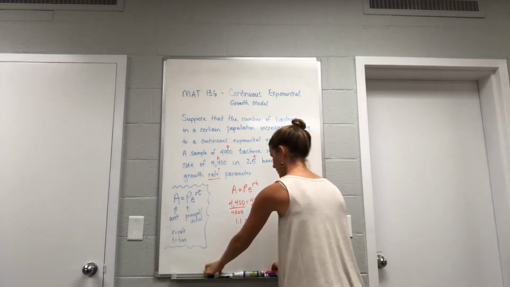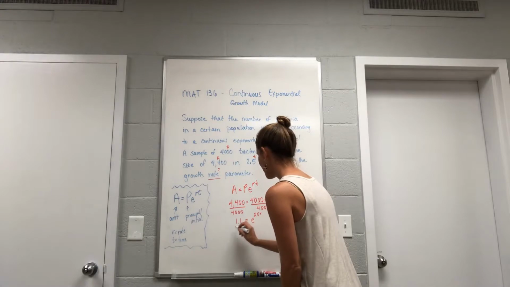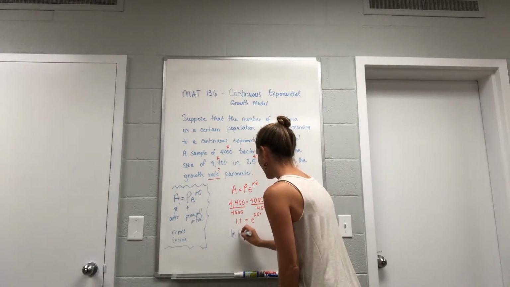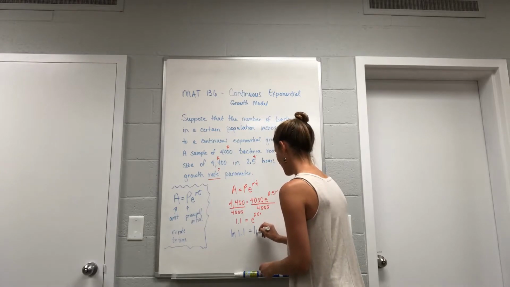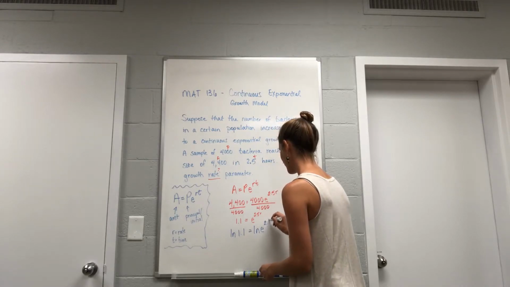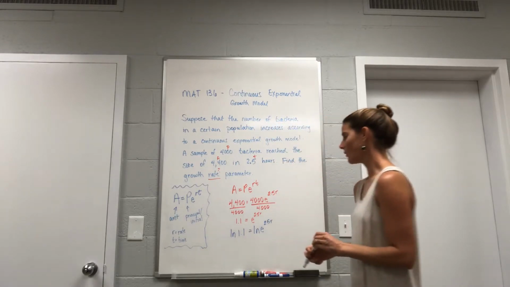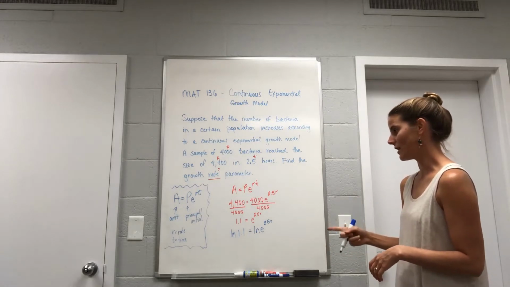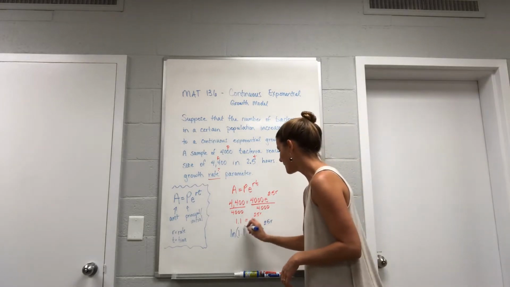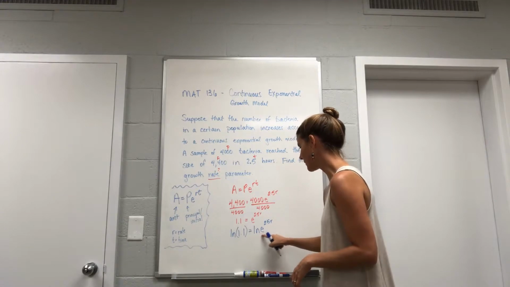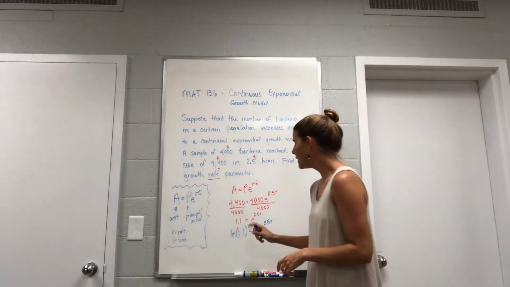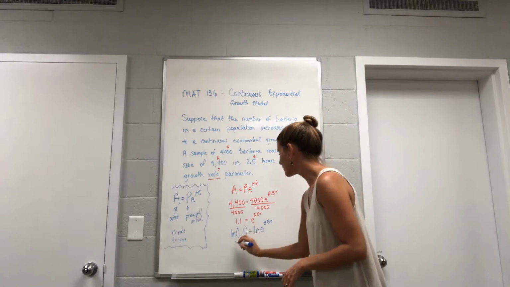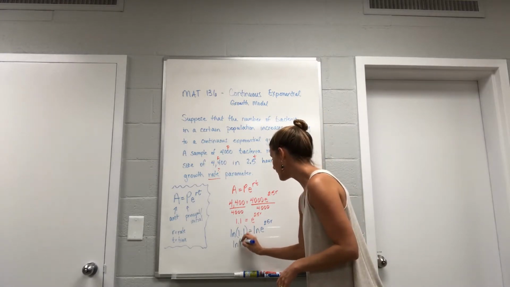So I'm going to take ln of 1.1 equals ln of e to the 2.5r. Remember, if you do something on one side of an equation, you have to do it to the other side. I'm going to take the ln because I know that I can get rid of that, and I'm going to be able to use a property along the way. I'm going to leave this as ln 1.1.